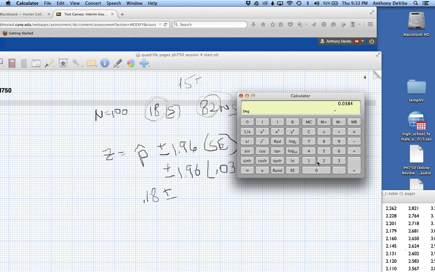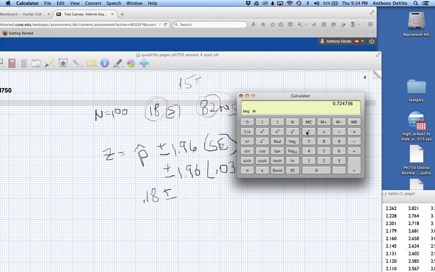0.0384 times 1.96 equals this, memory plus. Okay, now I'll clear it. Okay, 0.18 minus our margin of error, which was our 1.96 times 0.0384.